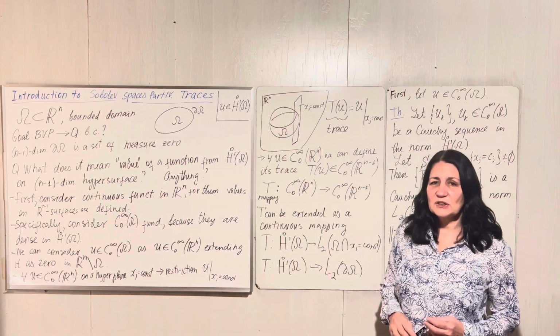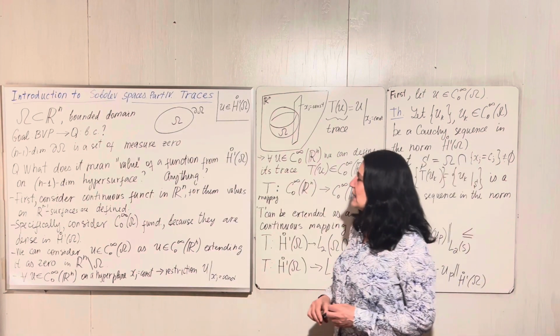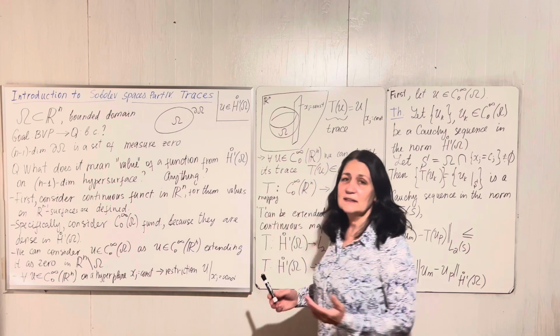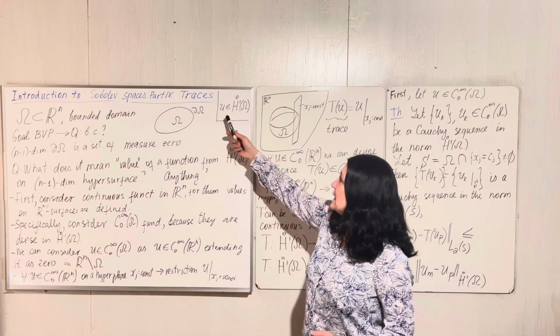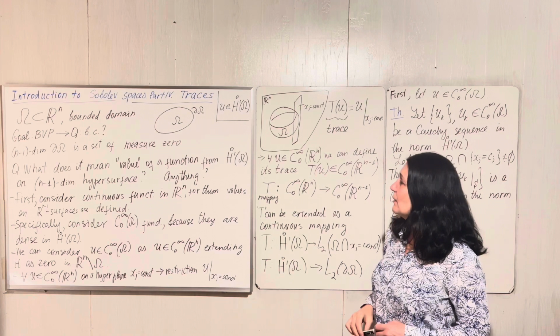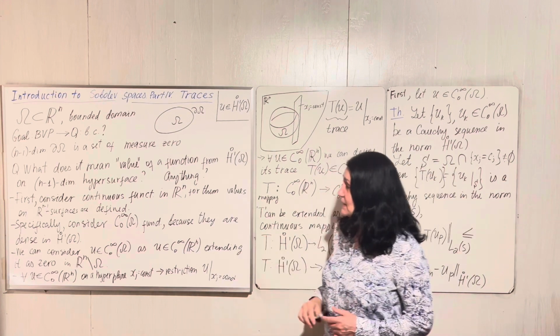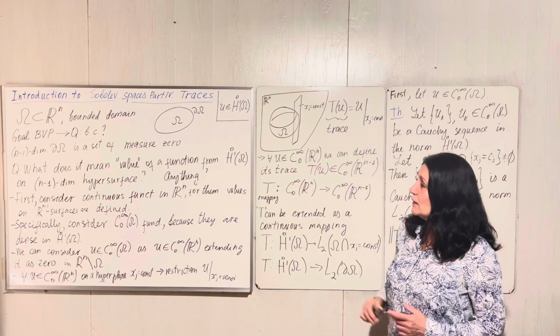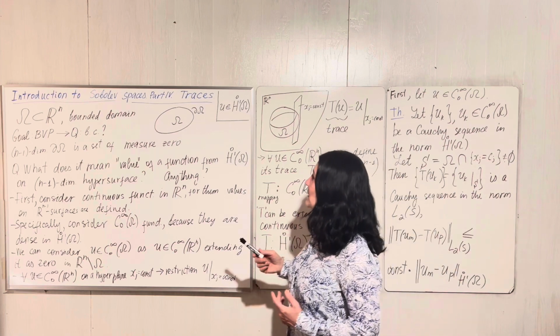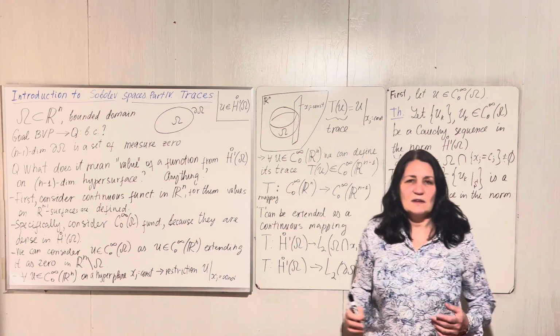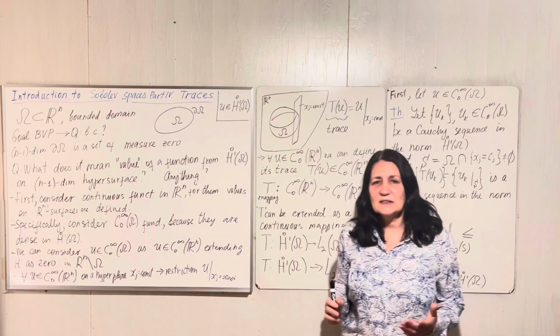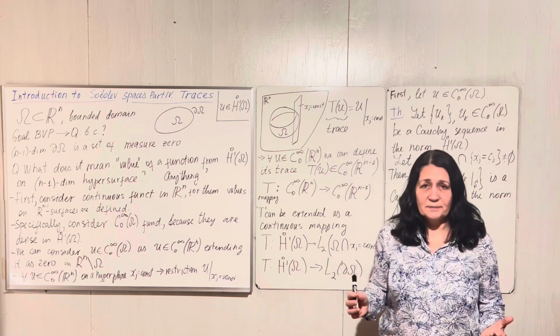Because we want to talk about solutions of boundary value problems. And now the question is how we can understand boundary conditions if we're dealing with functions from Sobolev spaces. Because we know that the definition of Sobolev spaces is based on L2 spaces.